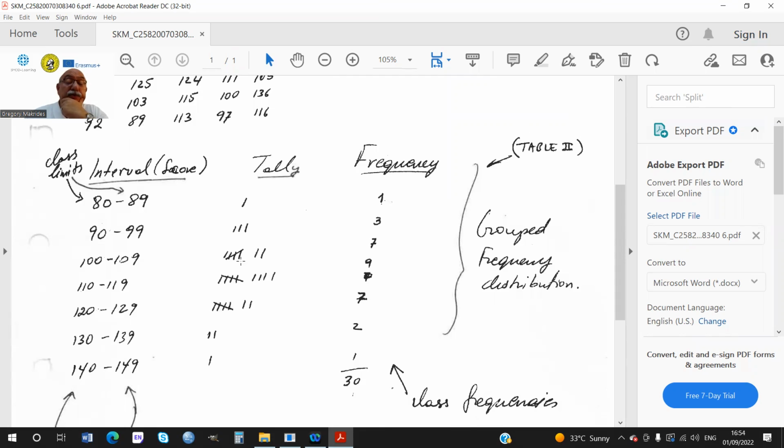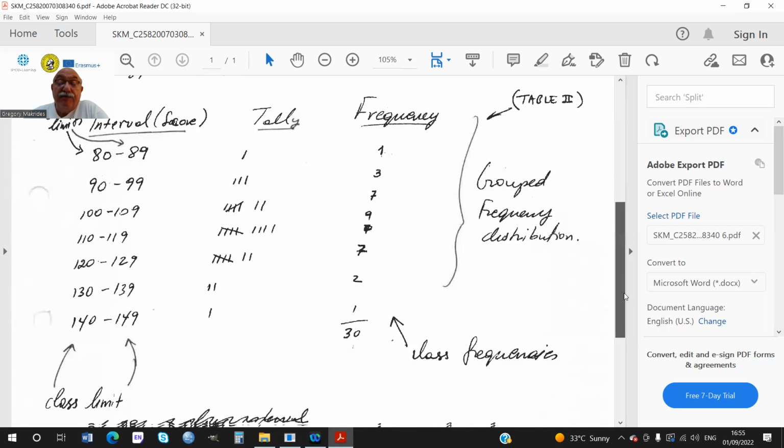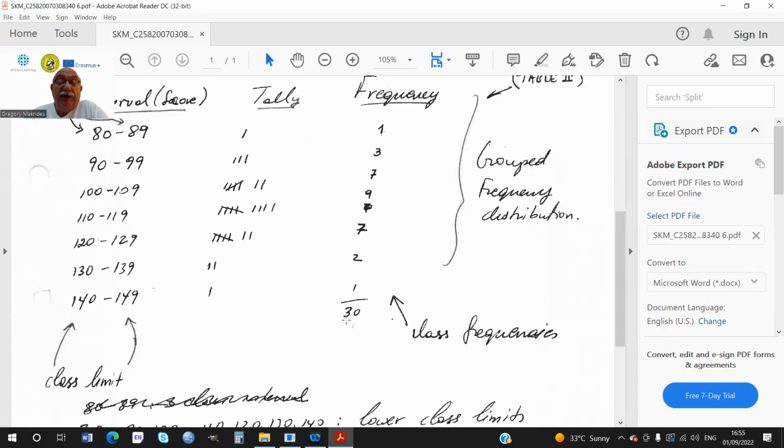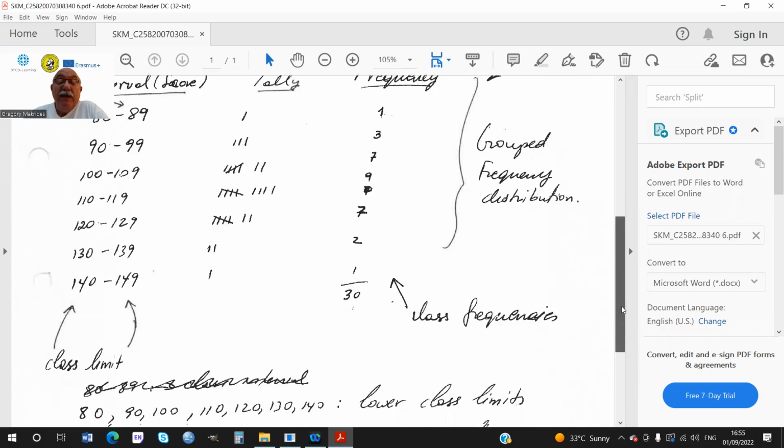This is one way to symbolize it: 4 plus an incline, a tally, to make a group of 5. When I do this, I measure the number of IQ scores falling in each interval. These are called frequencies. The total must be, of course, 30, because it has to agree with the total number of data that I have.